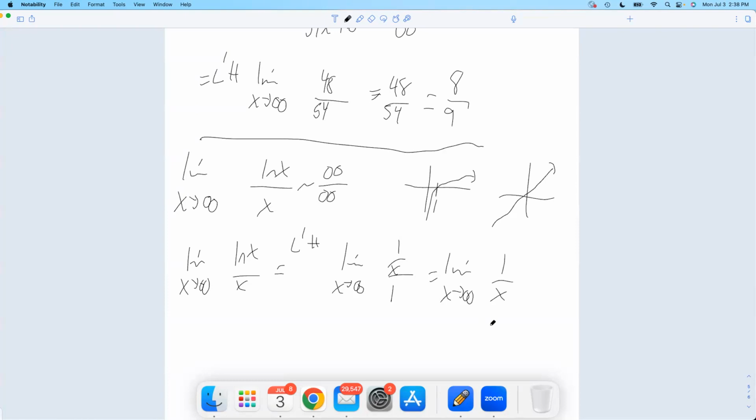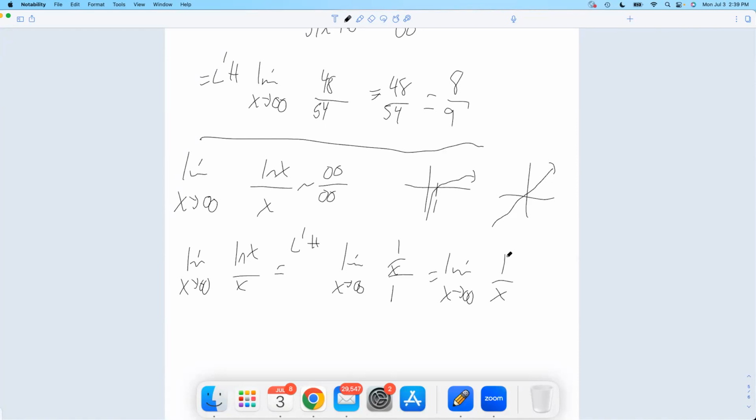Now, here's where mistakes happen. People will keep trying to use L'Hopital's. They'll do it again and go, oh, 0 over 1. You cannot keep using L'Hopital's unless you still have an indeterminate form. This is not an indeterminate form. The top is not going to infinity. The top is just 1.